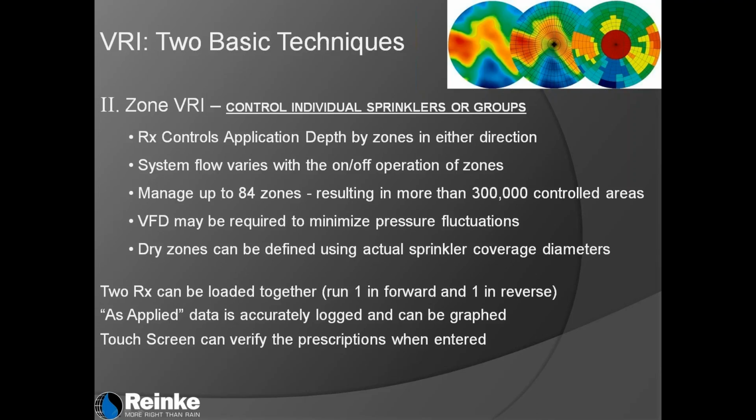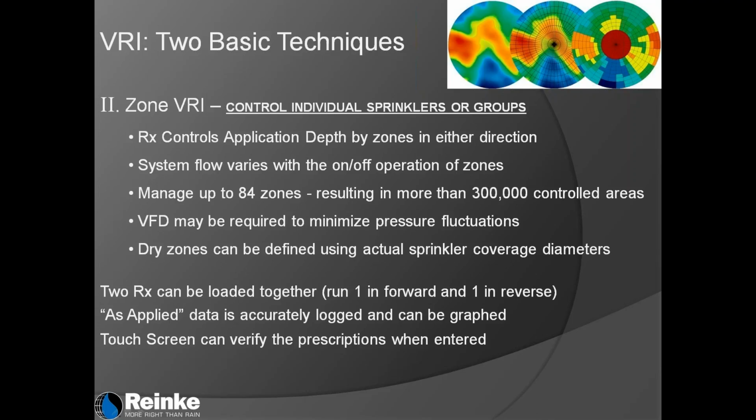And then another thing that our prescription program can do is it can create dry zones. In the prescription software itself, you can define a particular zone to be dry, meaning that normally your VRI comes right up to the edge of an area and then shuts off or turns back on as it's gone through that area.